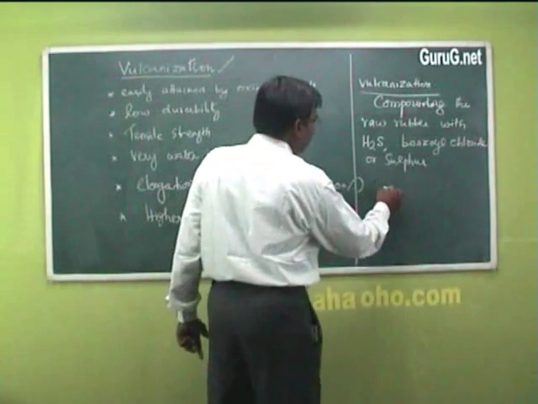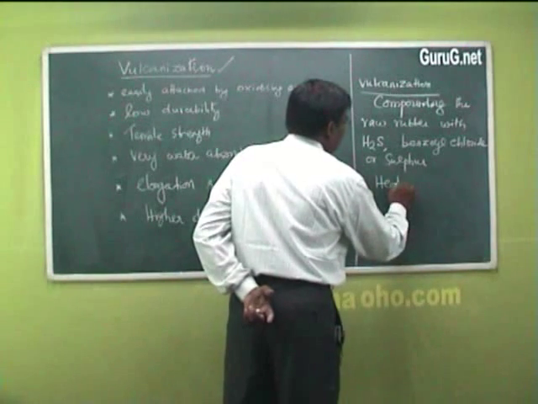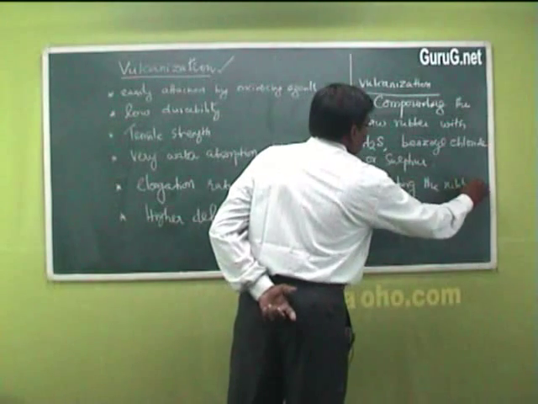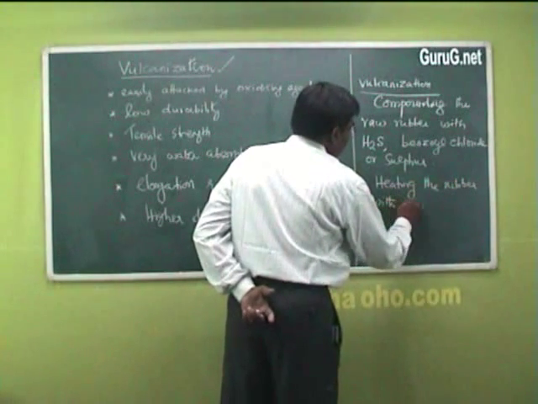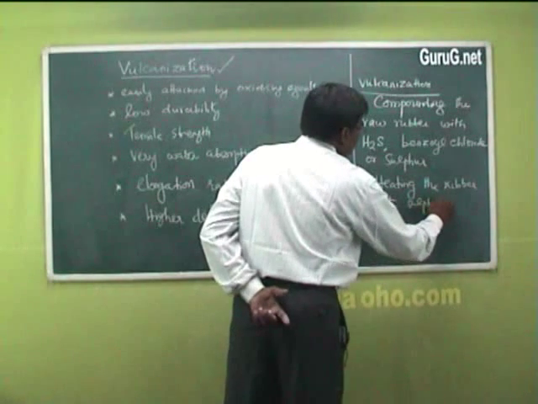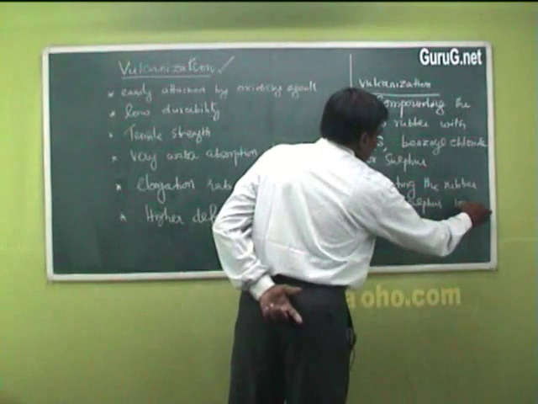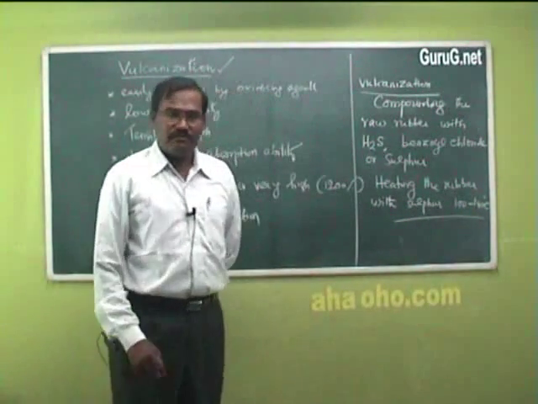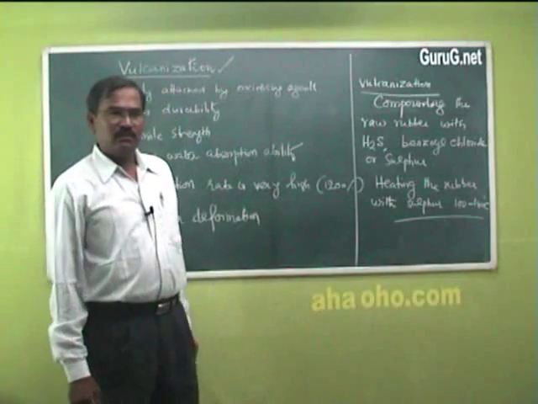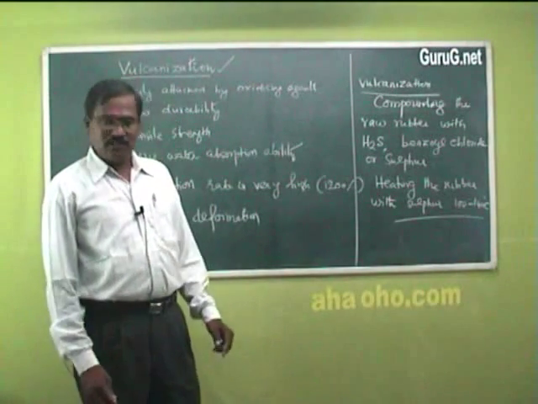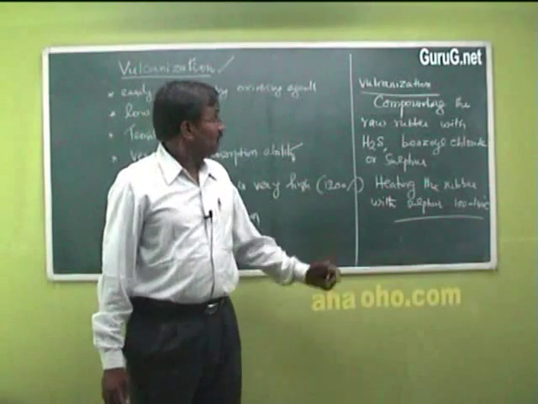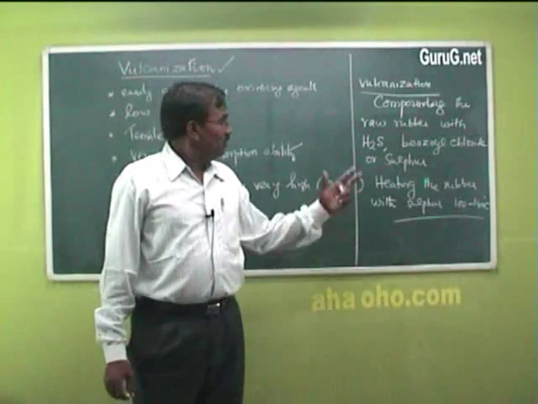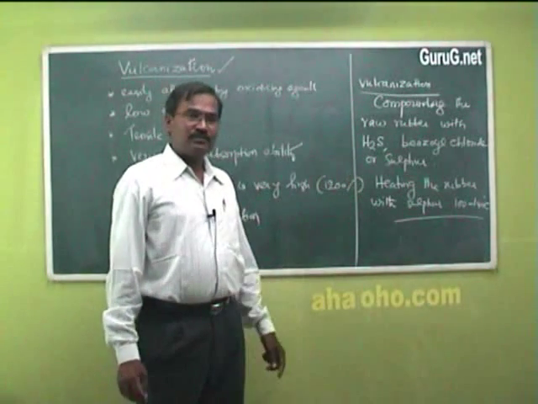So sulfur vulcanization is nothing but heating the rubber with sulfur at a temperature range of 100 to 140 degrees Celsius. Vulcanization is done to get better characteristics with natural rubber and synthetic rubber, by compounding the raw rubber with hydrogen sulfide, benzoyl chloride or sulfur.